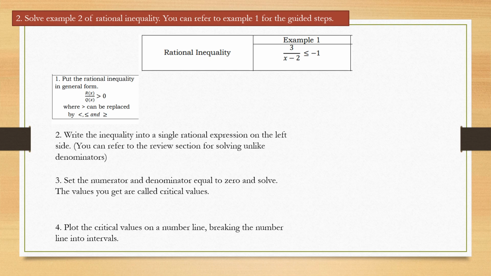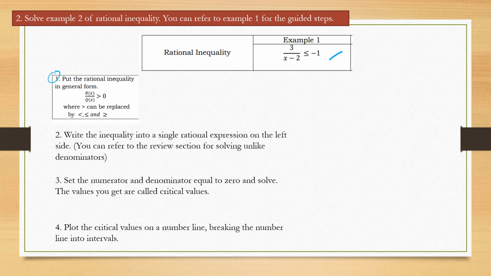Moving on to rational inequality, we have here the given inequality 3 over x minus 2 is less than equal to negative 1. The first step is to put the rational inequality in general form such that r of x over q of x is greater than 0, where greater than can be replaced by less than equal to, and greater than equal to, depende sa given.